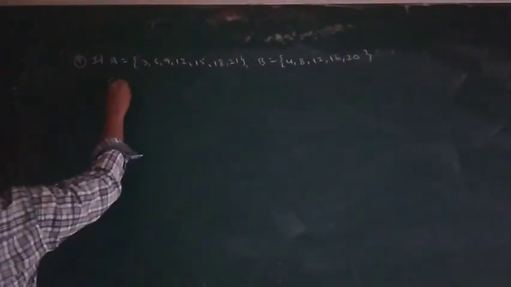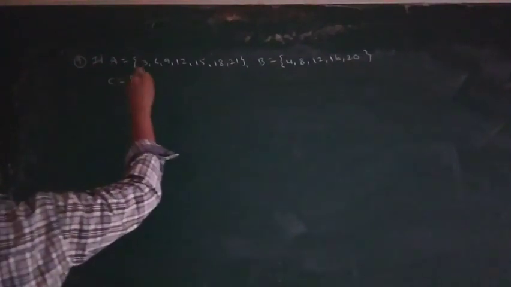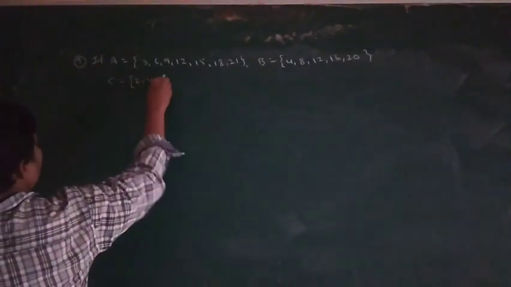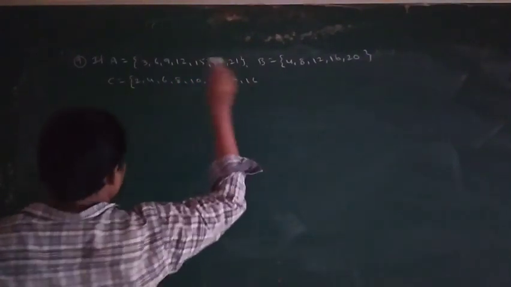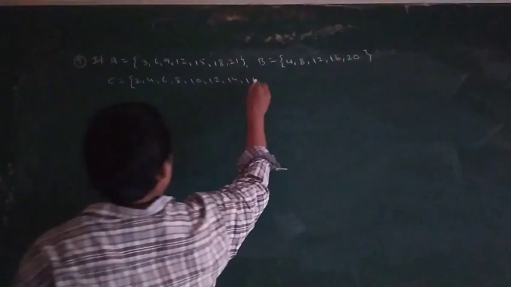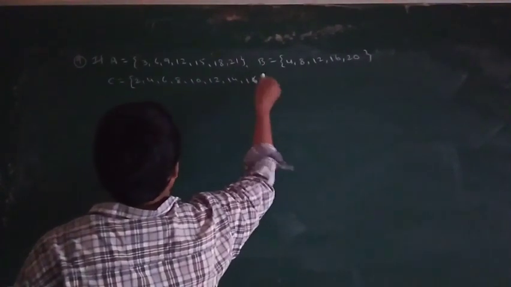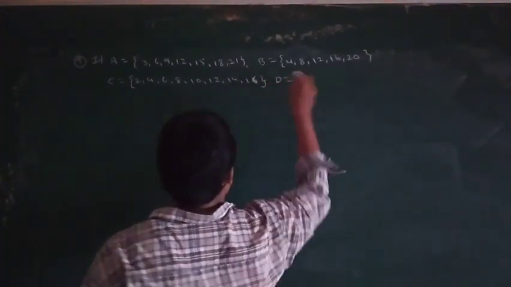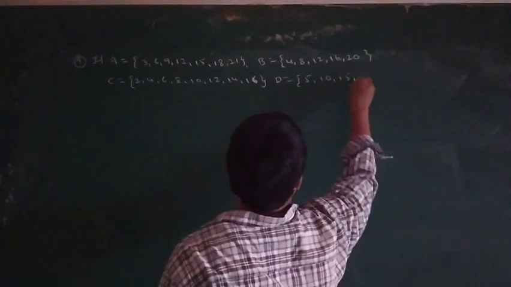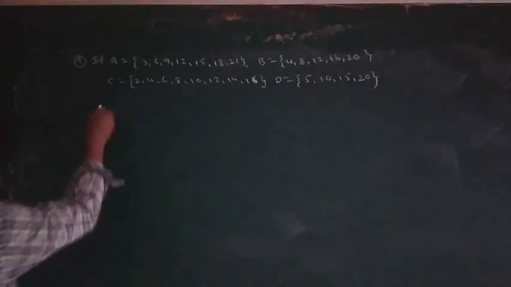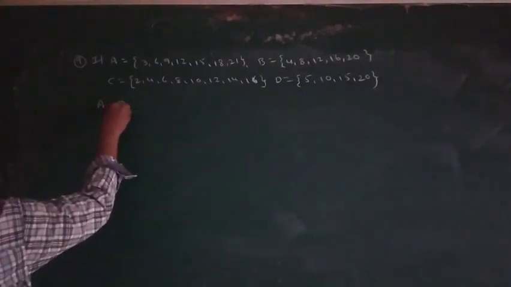Next, C is equal to the multiple of 2: 2, 4, 6, 8, 10, 12, 14, 16. Next, D is equal to the multiple of 5: 5, 10, 15, 20. What is A minus B? First one.